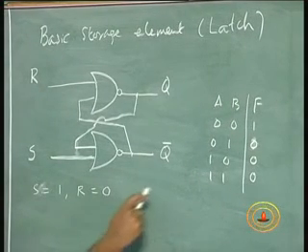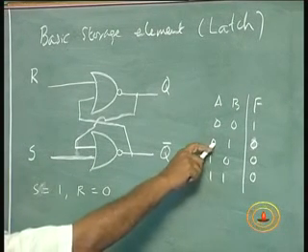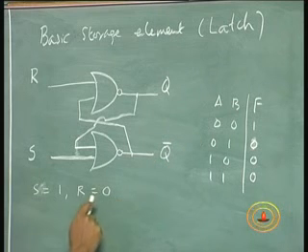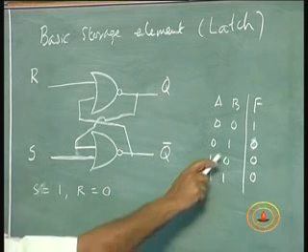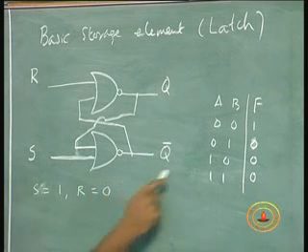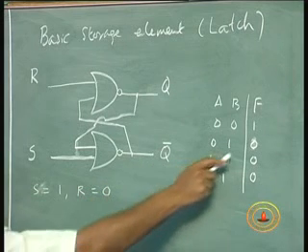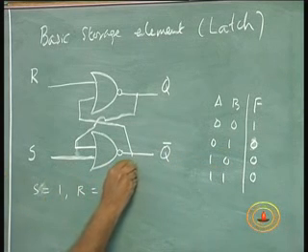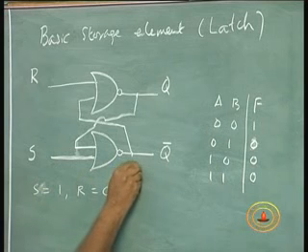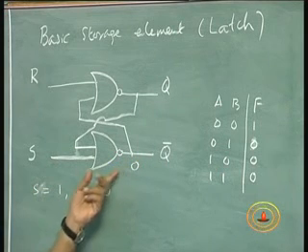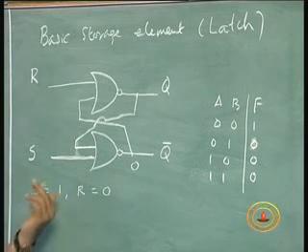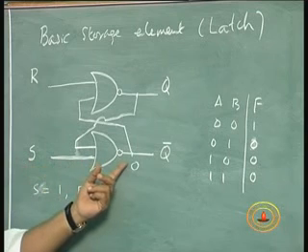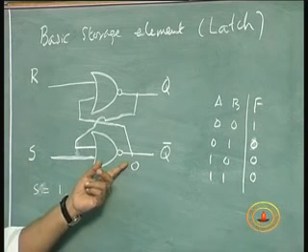As long as one of the inputs is 1, the output of that gate has to be 0. So when S is equal to 1, this gate has to have an output of 0, whatever the previous output was.